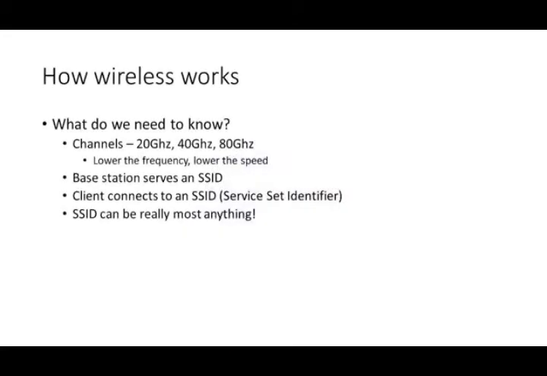Let's talk about how wireless works in general. What do you need to know when we're talking about wireless security and wireless-based attacks? Wireless typically comes over many different channels. Depending on what the frequency is that the access point is communicating on, there are certain channels that will be switched in between those different access points.